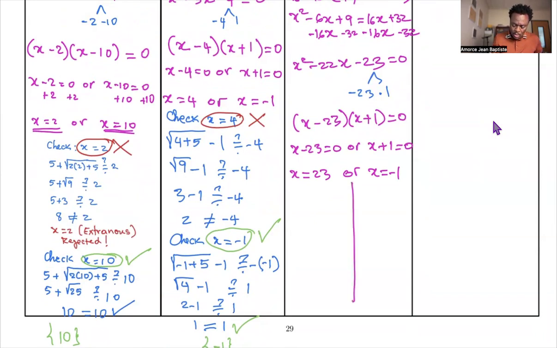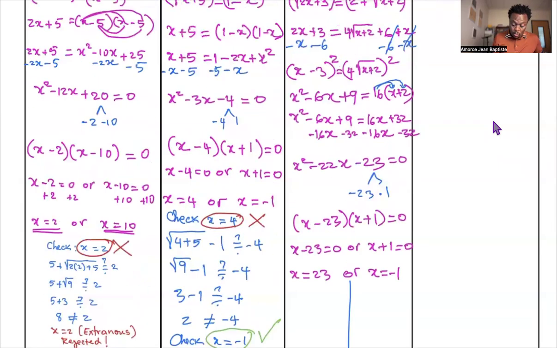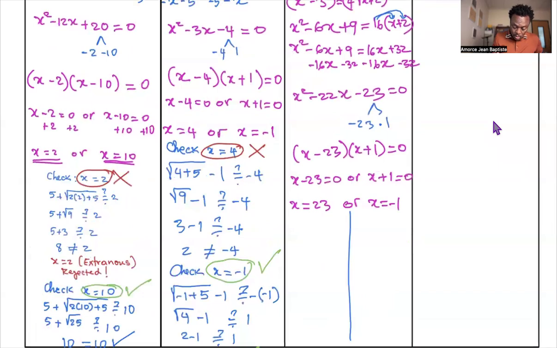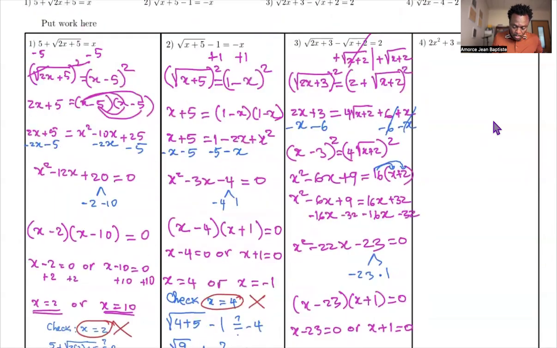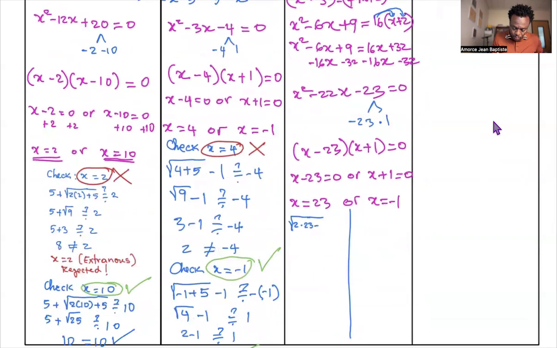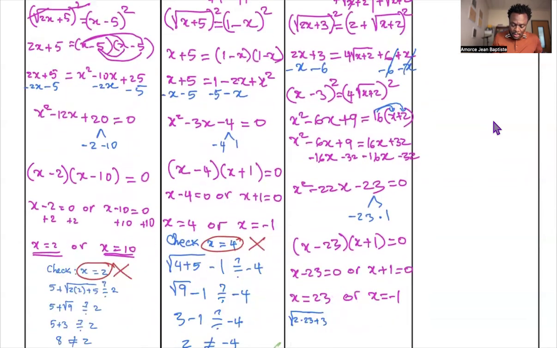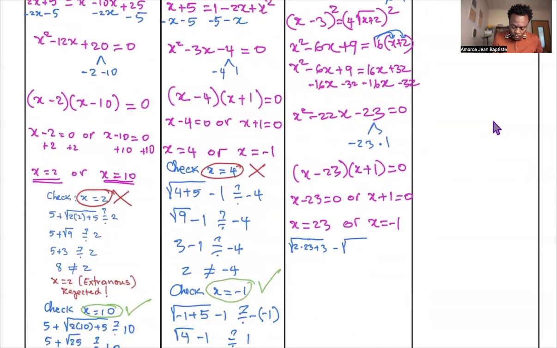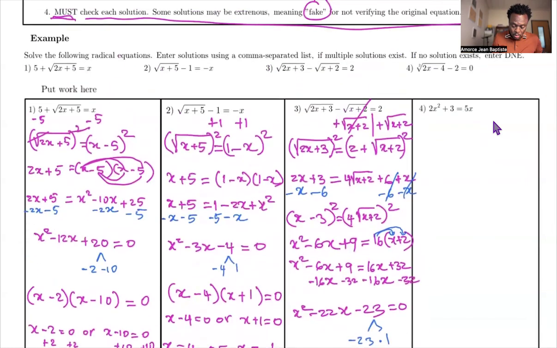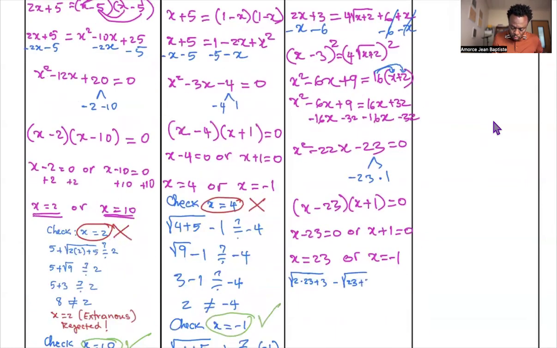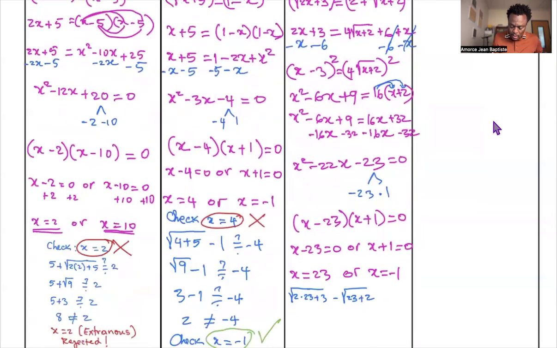Let me check the first one, 23. So that's square root of 2 times 23 plus 3 minus square root of 23 plus 2. Is it 2?